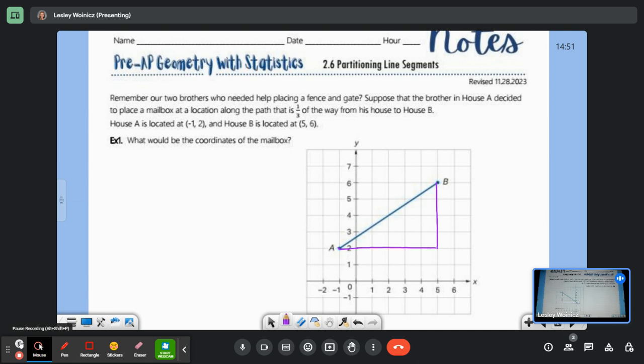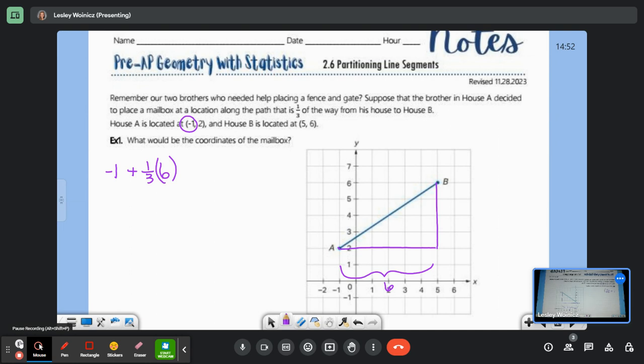In chunks of what? I heard it. 2. Do you guys see that my total horizontal distance is 6? Okay. So if I start at house A and my x coordinate for house A is -1, and I don't want to go the whole 6, I just want to go 1/3 of 6. So I'm going to take -1 and I'm going to add 1/3 of 6.